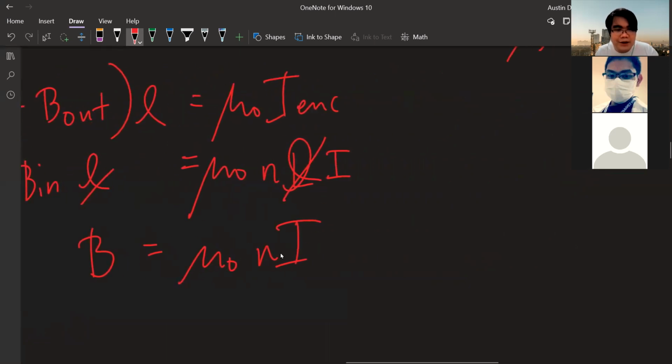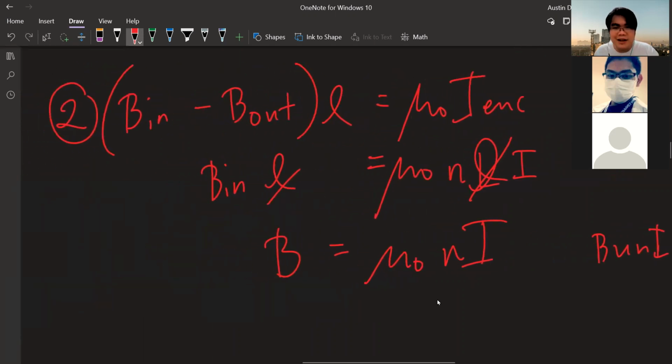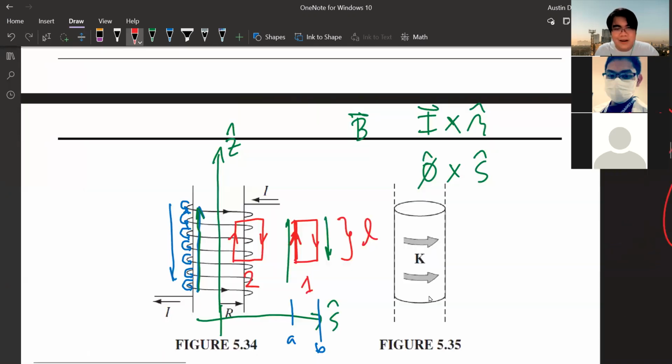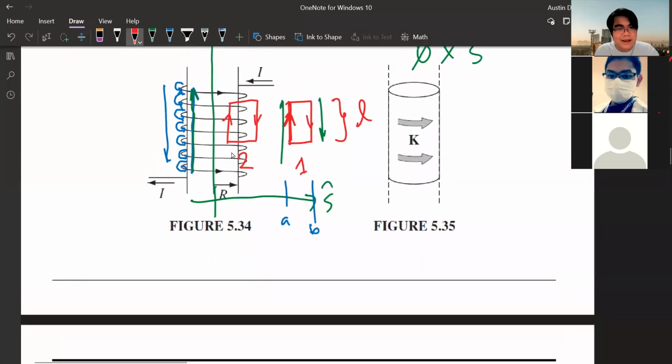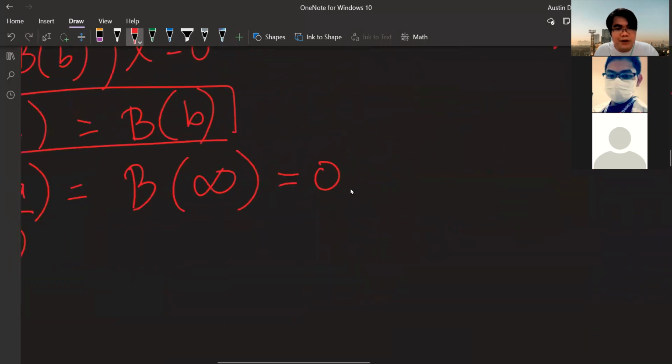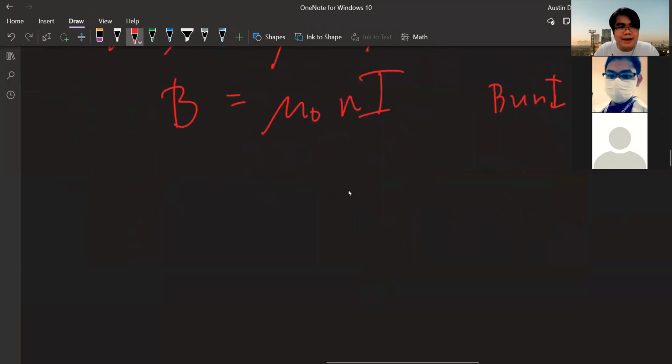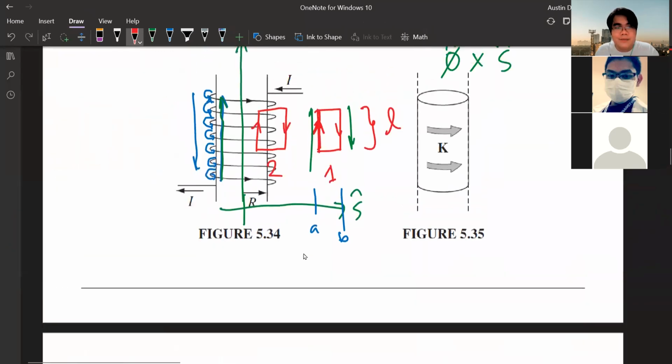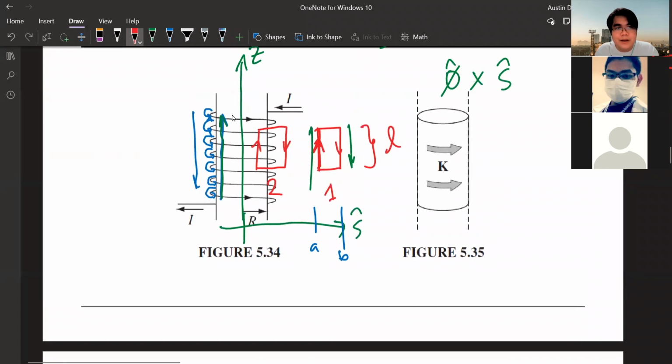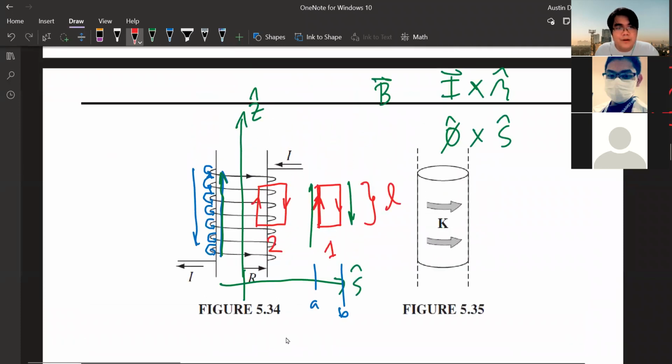Okay, buni. Mukha siyang buni. Aha. Okay. Wala lang. Mga palatandaan lang. Okay? So inside the solenoid, the magnetic field would point upwards. Z hat. According to my coordinate system. Okay? Alright.